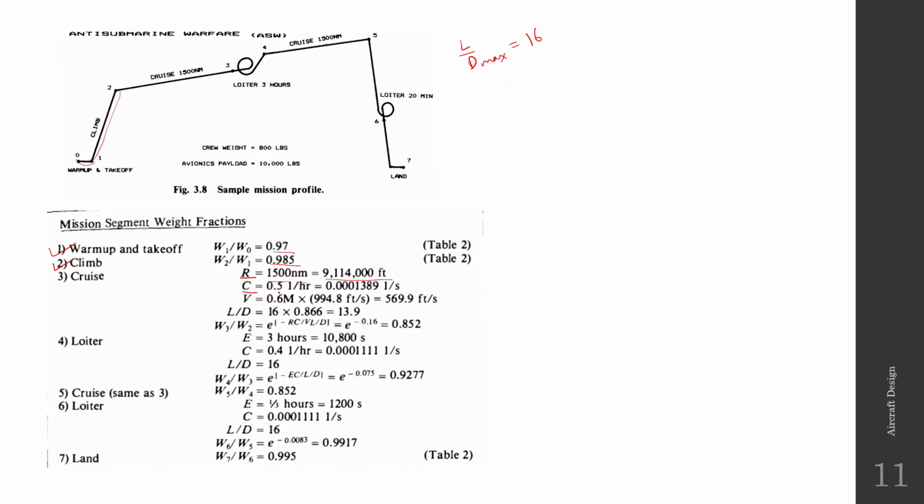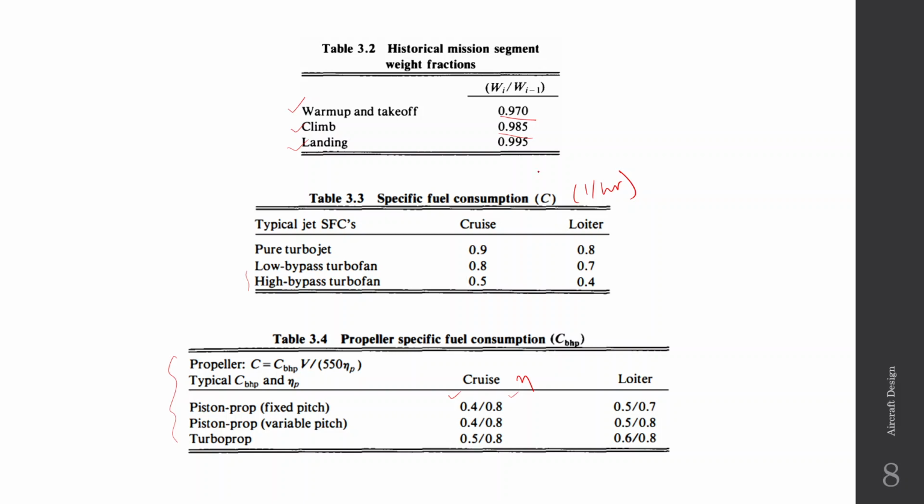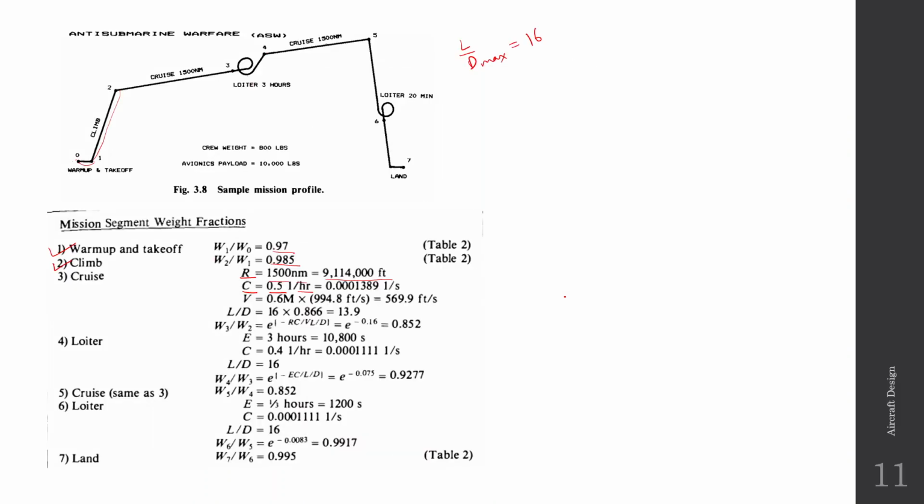The specific fuel consumption is 0.5 per hour. This has been taken from the table. For cruise and high bypass turbofan, the SFC is 0.5, which comes out to this value in 1 by seconds.